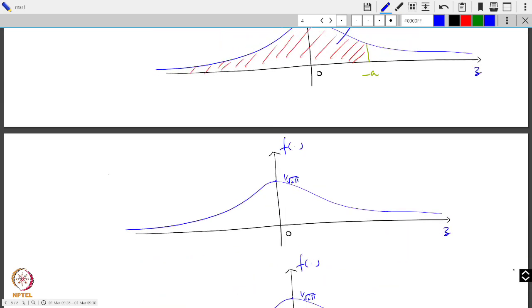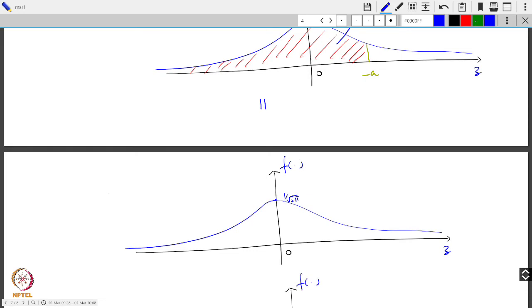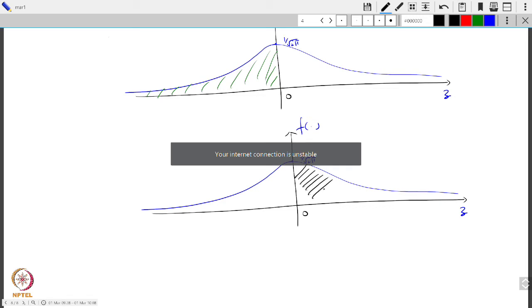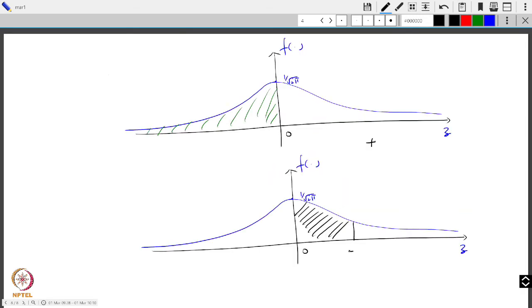This above is going to be the same as the area under the green region all the way to 0 plus what we can calculate. This is the point minus a. Very nice.